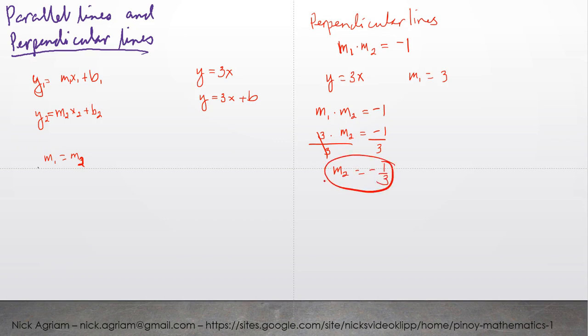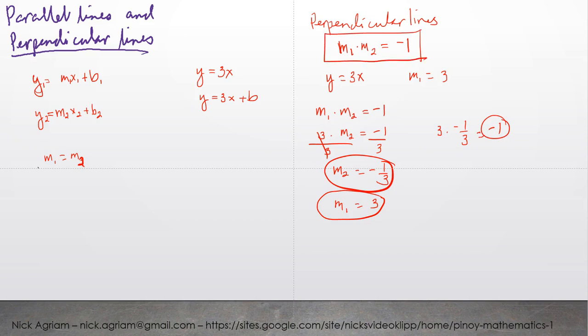That means if I have two lines with slopes of 3 and negative 1/3, then I have perpendicular lines. If I multiply 3 and negative 1/3, that is negative 1, so this should apply.